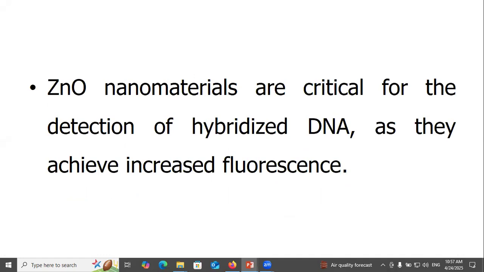Zinc oxide nanomaterials are critical for the detection of hybrid DNA as they achieve increased fluorescence.